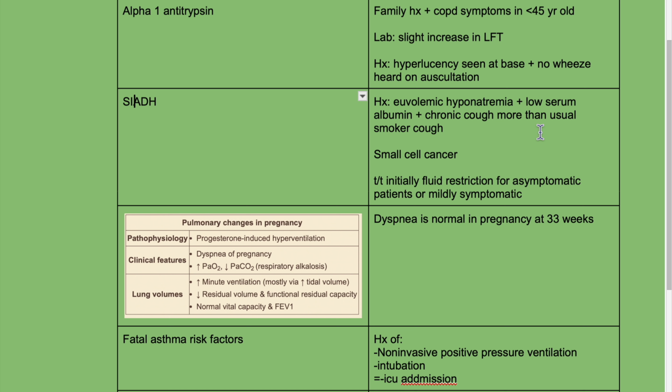So the person is going to be a smoker and they'll come and say, "Hey doc, I've been coughing more than the usual smoker cough," and that's what the history will be about. This is due to small cell cancer. Treatment here is initially fluid restriction for asymptomatic or mildly symptomatic patients. Okay.